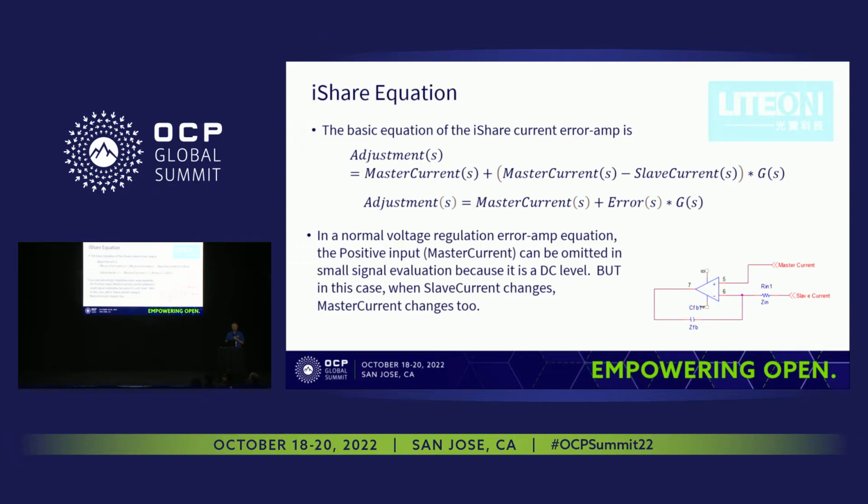But unfortunately, in a current share, every time the slave changes the current, the whole system changes at the same time. So you cannot ignore this positive term anymore. So how can we take care of that? Because every time you get a step load, the whole thing changes.